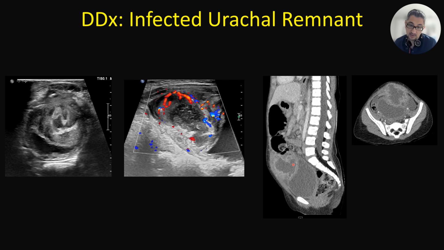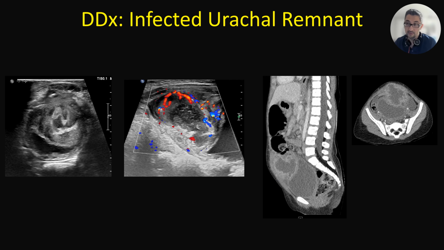On the CT, we confirmed the presence of abscess. We are not able to see the appendix nicely, so this can easily be misdiagnosed as perforated appendicitis, but the location is very helpful. It is just superior to the bladder in the midline because it's a urachal remnant.